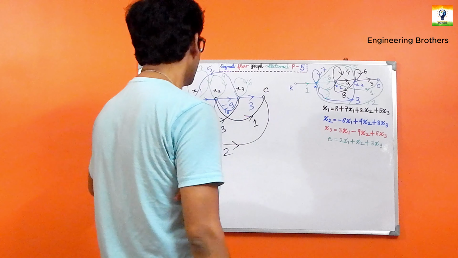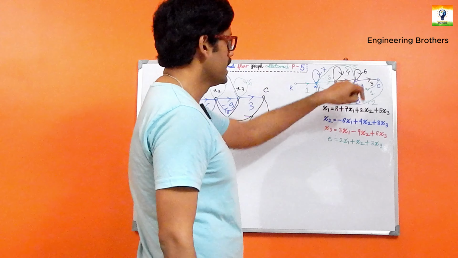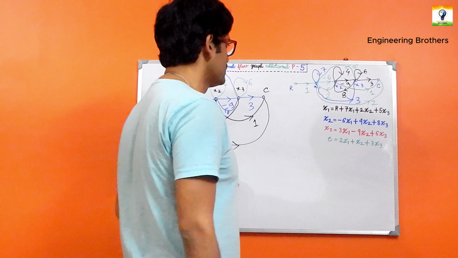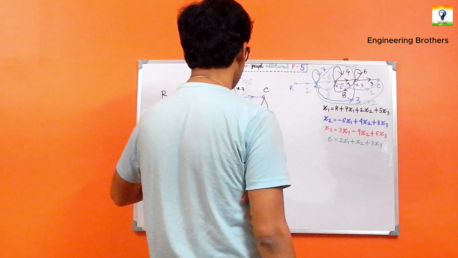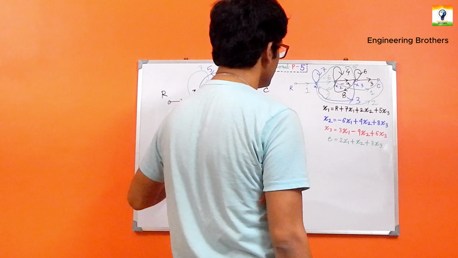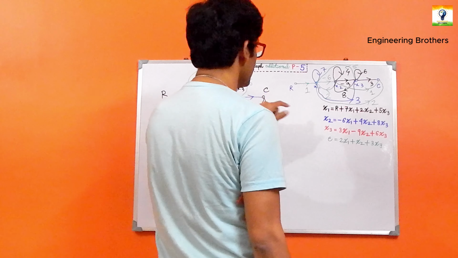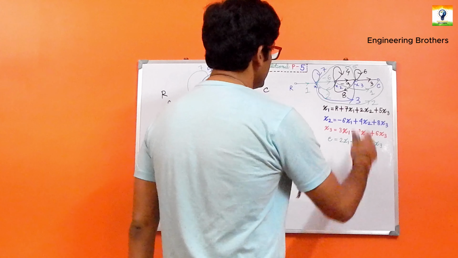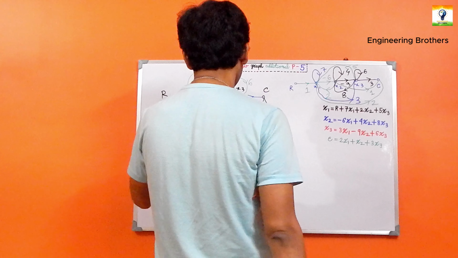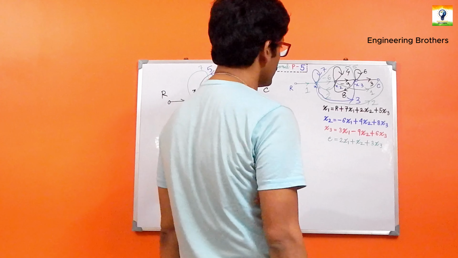In between our x1 and C, we have got the gain as 2. In between our x1 and x2, we have got the gain as 3. In between our x2 and C, we have got the gain as 1. And quite naturally, in between our x3 and x2, the gain is going to be 8.